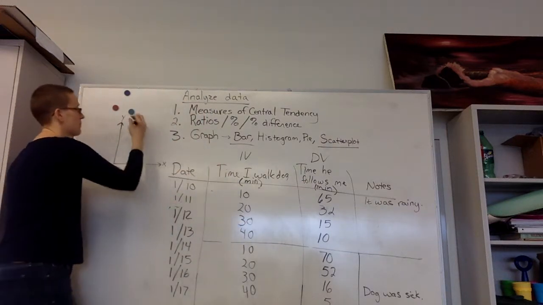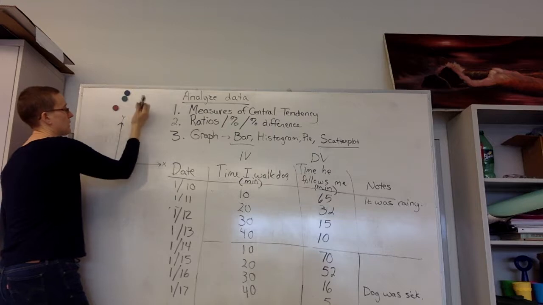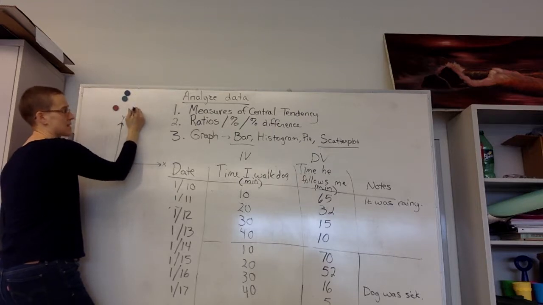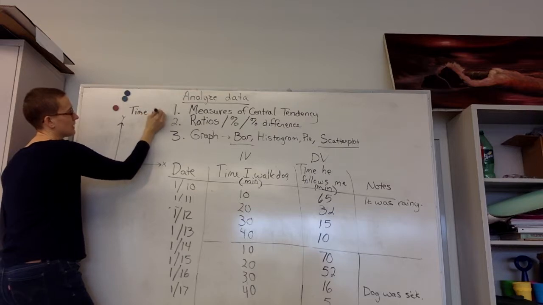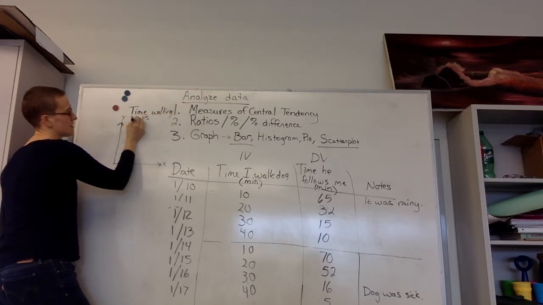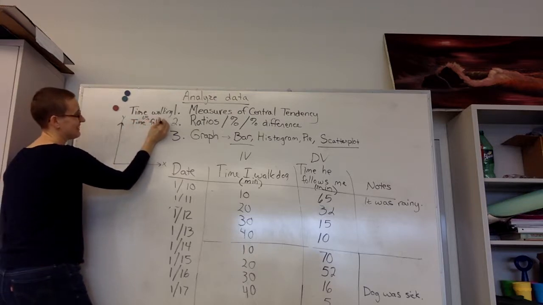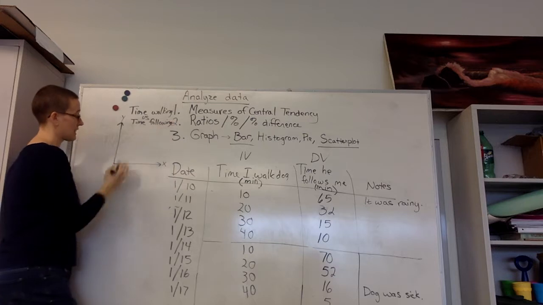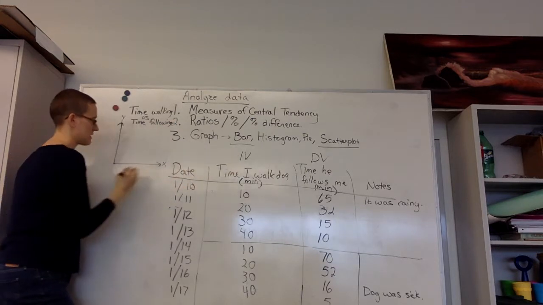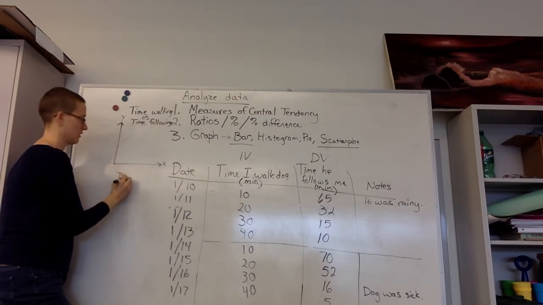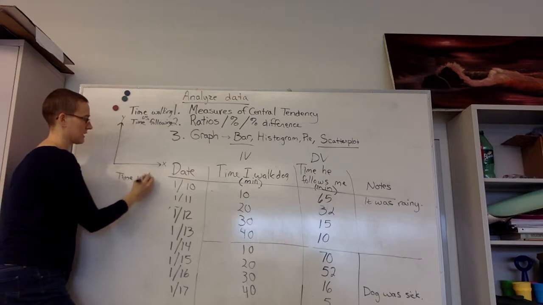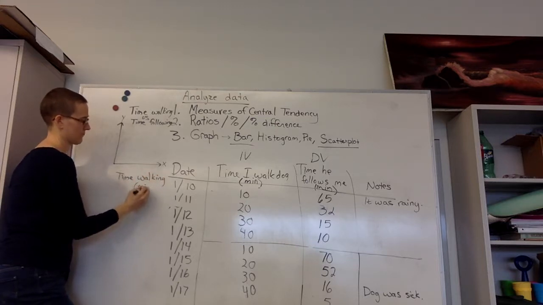But how I would set this up is I would set up my title as the time walking versus time following. Okay. On the x-axis then, I would put my independent variable, the time walking, and I measured this in minutes.